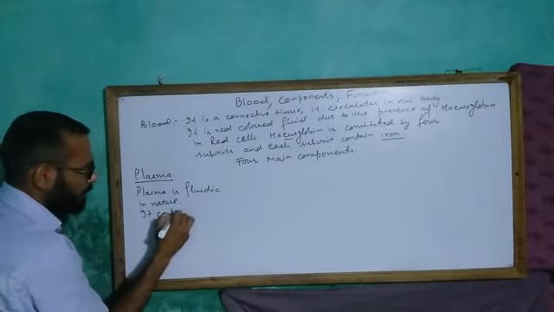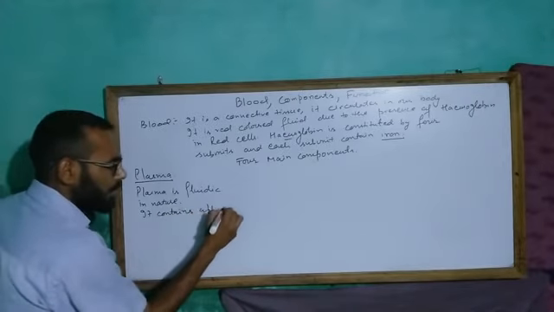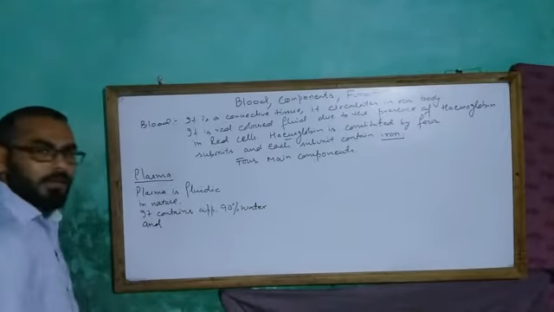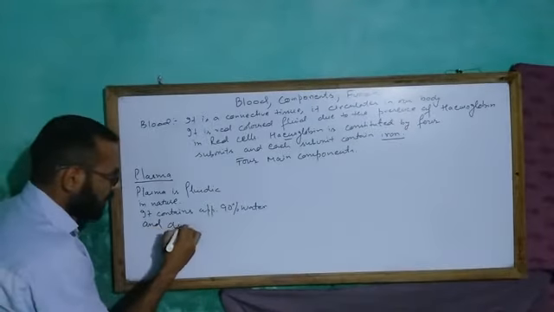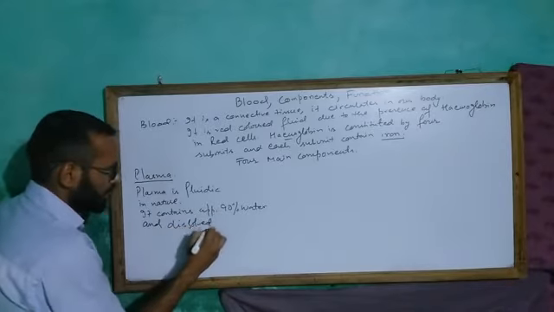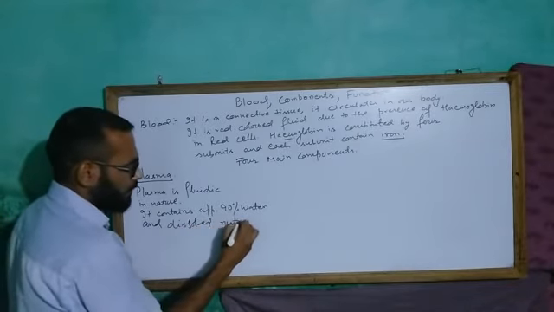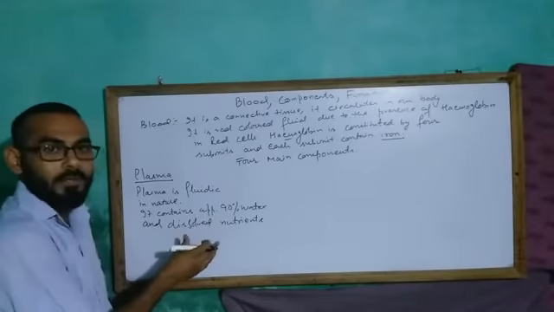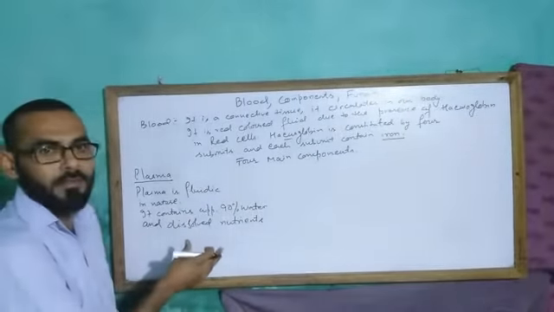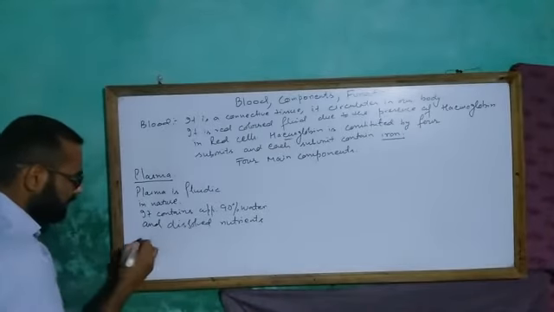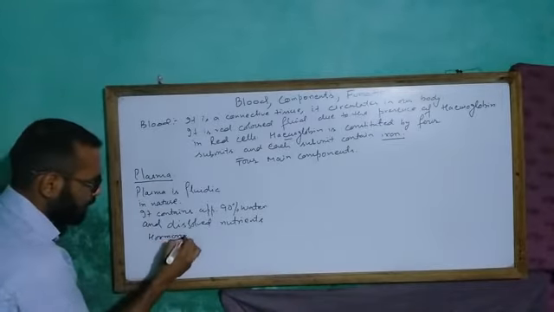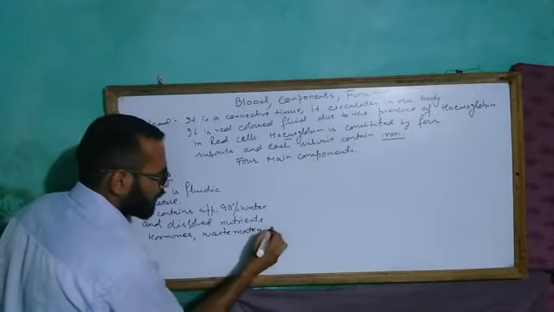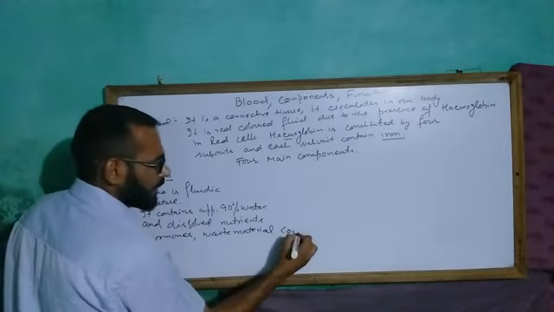It contains approximately 90% water and the rest dissolved nutrients. These are those nutrients which are absorbed in our intestine, and hormones, waste material such as carbon dioxide, urea.